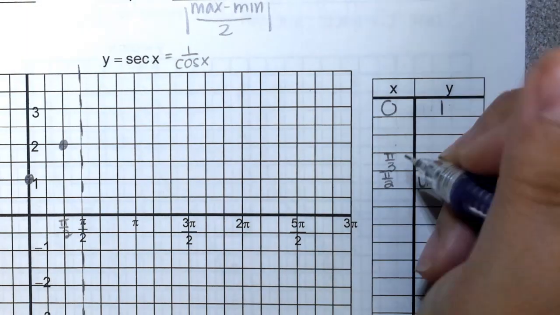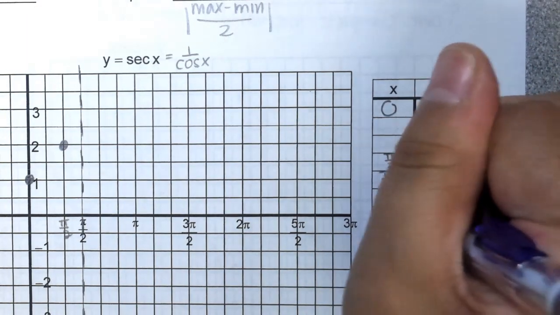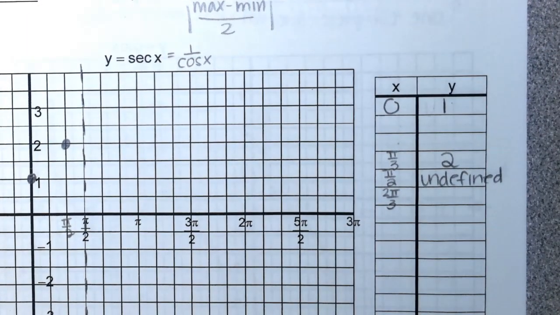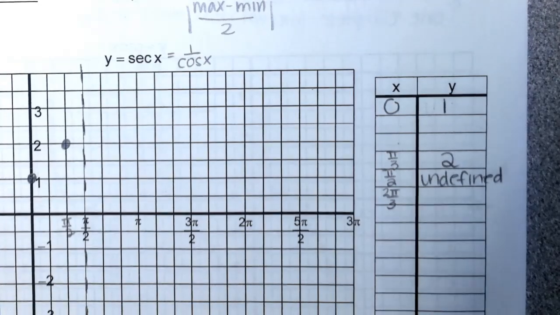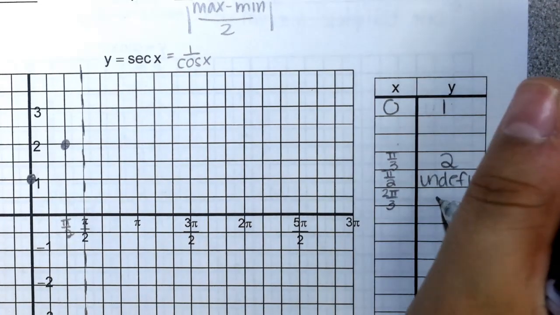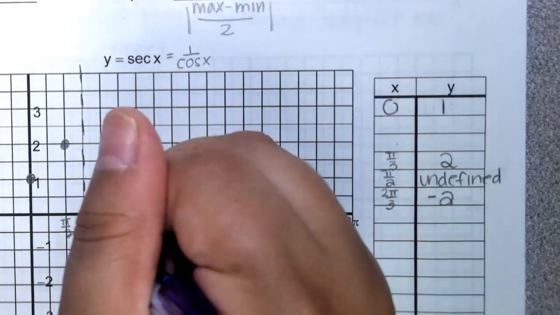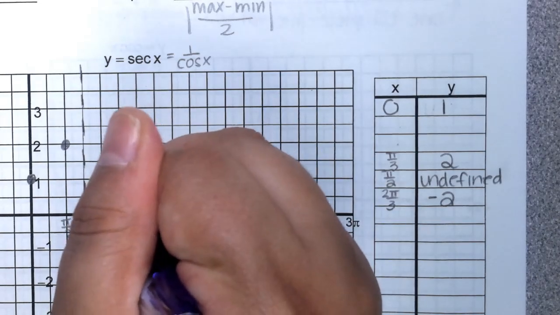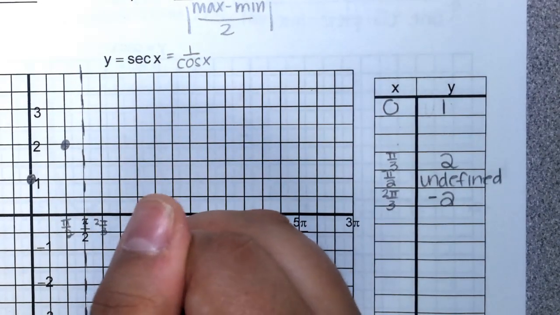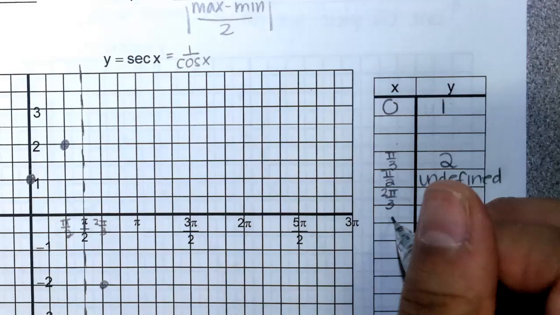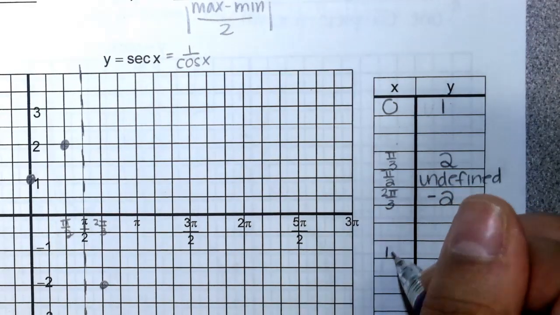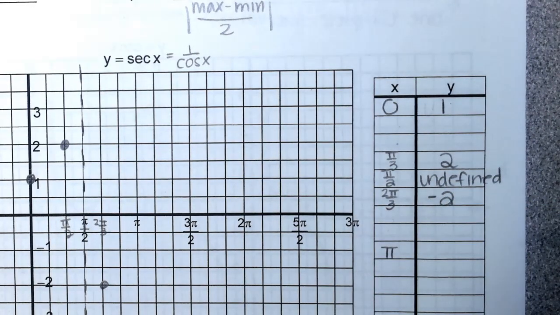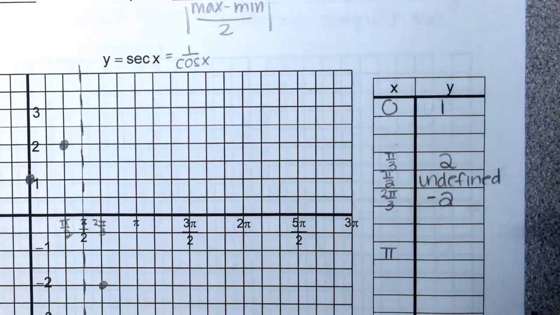Then we have 2 pi over 3, which is the reciprocal of negative 1/2, which is negative 2. Then pi is at negative 1. What's the reciprocal of negative 1?